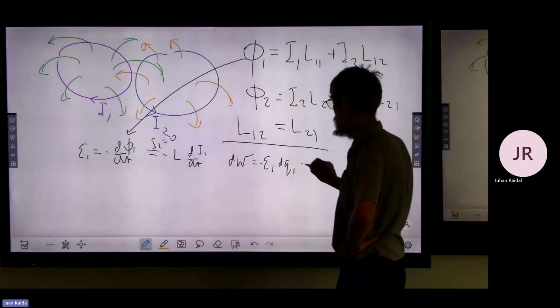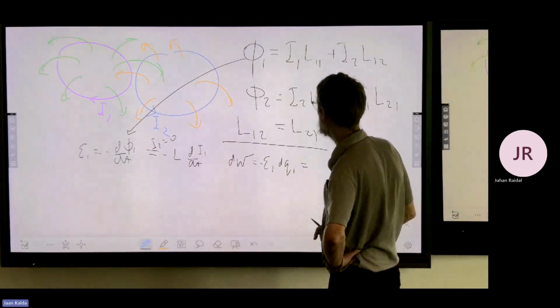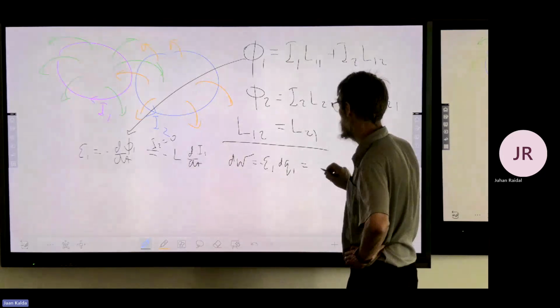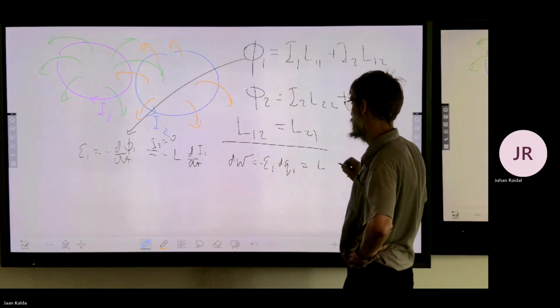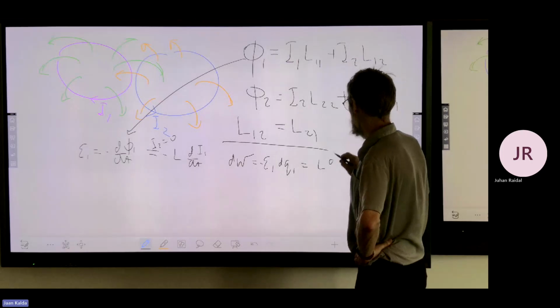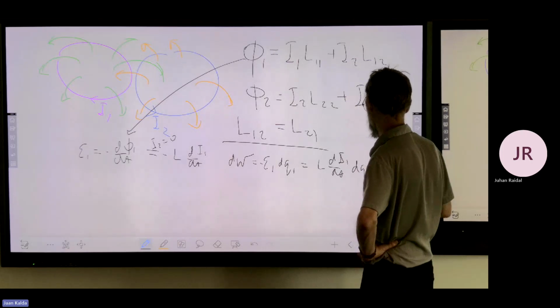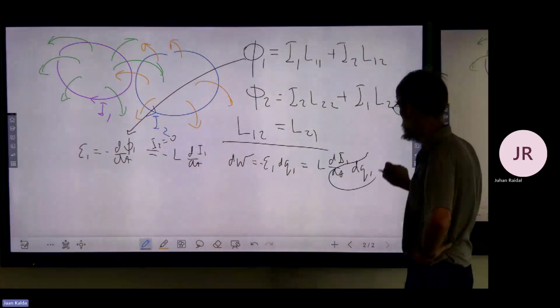And now let us plug in E1 here. So this will be L di1 over dt dq1. But now let us combine this dt with dq.